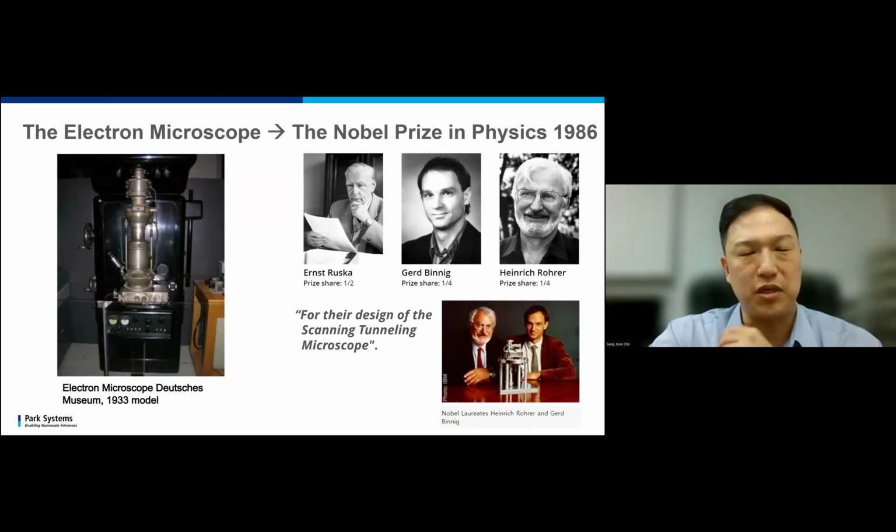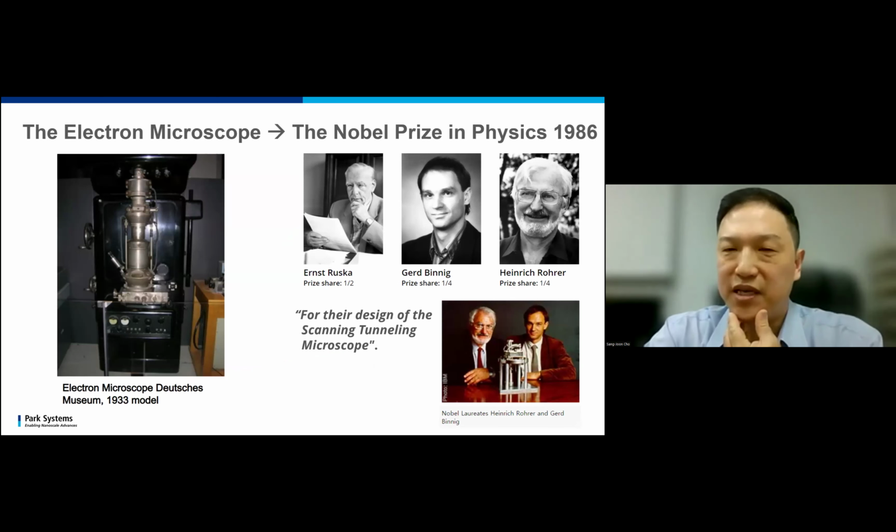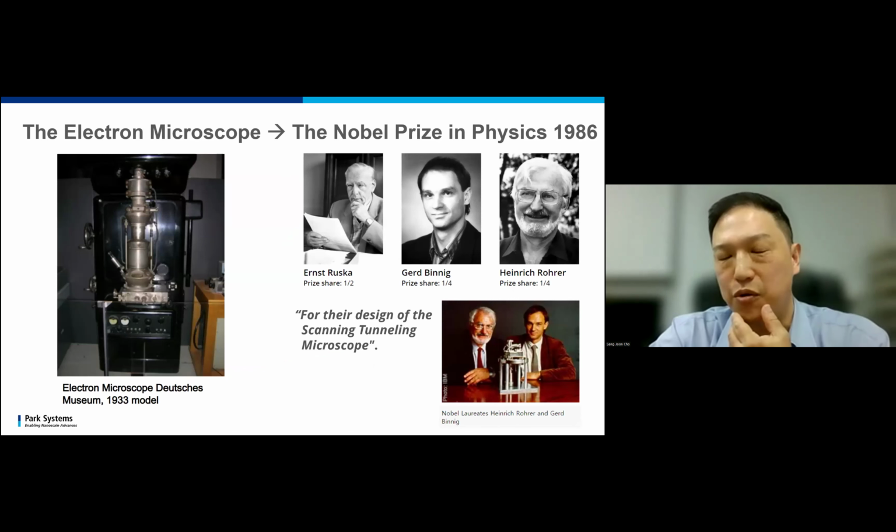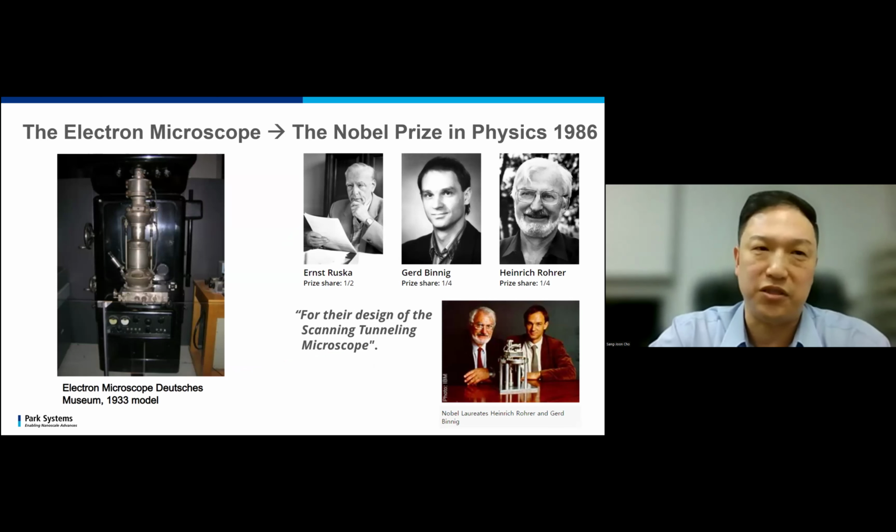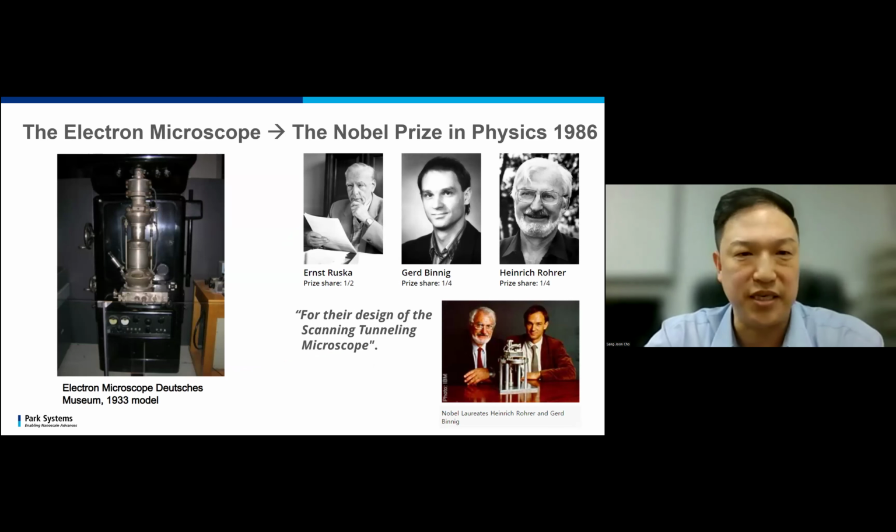Professor Ruska, who invented the electron microscope in 1931, received the Nobel Prize in 1986. He waited 53 years, but Gerd Binnig and Heinrich Rohrer, who invented the first scanning probe microscope, the scanning tunneling microscope, received the Nobel Prize after just 6 years.